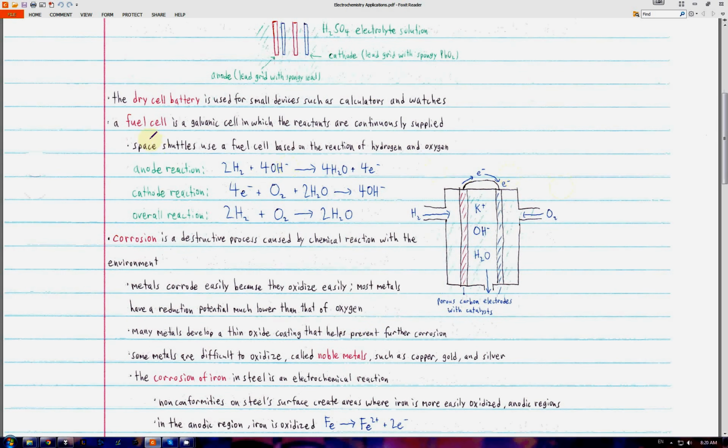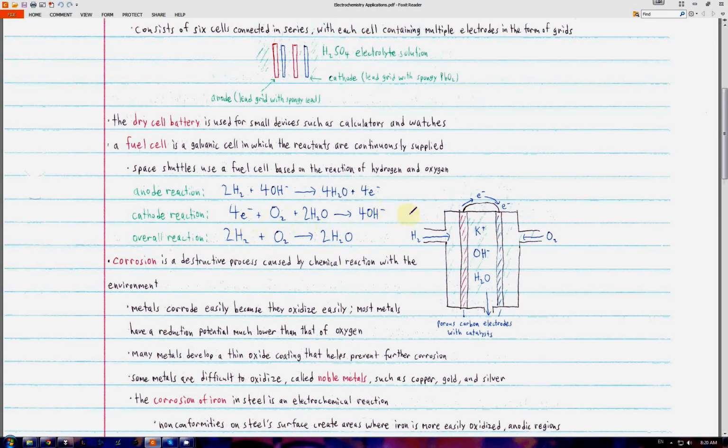So there are many types of fuel cells, and here is an example with hydrogen and oxygen. So you can see here hydrogen and oxygen are continuously pumped into this cell. And so the hydrogen comes in and it reacts with this hydroxide here to produce water and electrons.